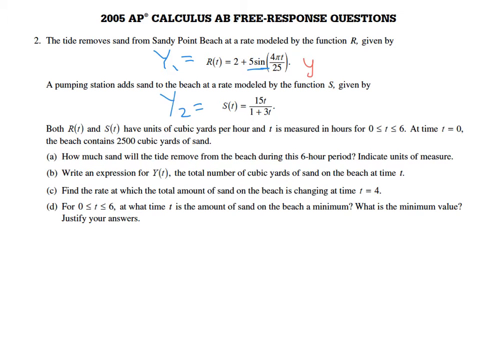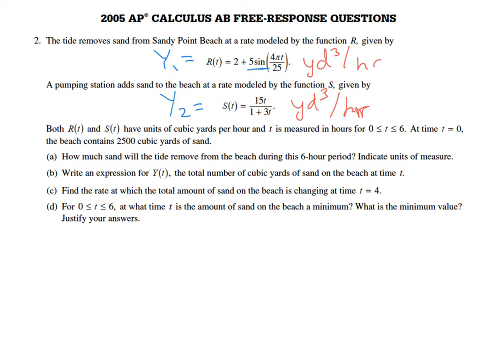Sometimes I like to jot that down. Of course, this is the part of my problem that's not getting scored. This is just me looking at the problem. So these are just notes to myself. And we've got t is measured in hours from 0 to 6. At time t equals 0, the beach contains 2,500 cubic yards of sand.